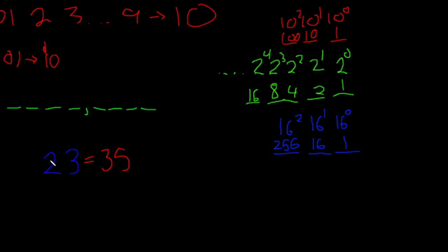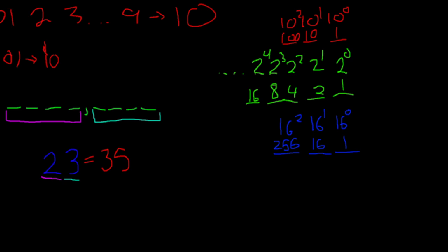Now, what you can do with this is each of these numbers, the 2 and the 3, corresponds up here. So the 2, I'll grab like pink. So the 2 represents these. And then grab like a light blue. The 3 represents these.